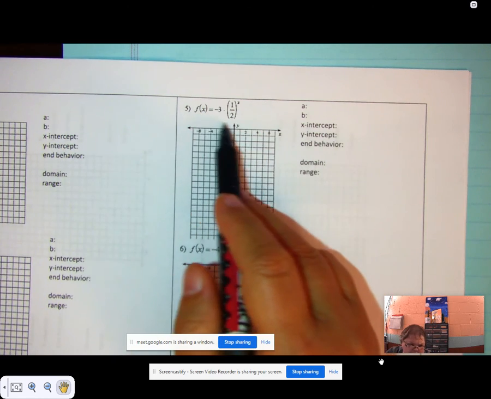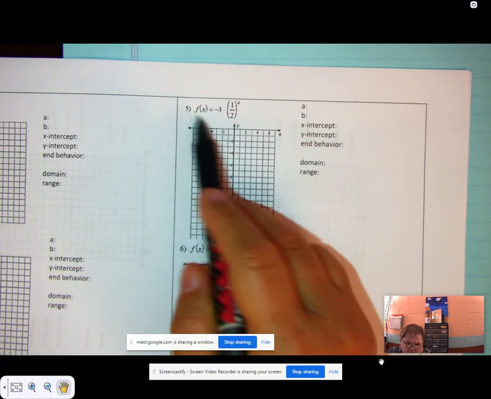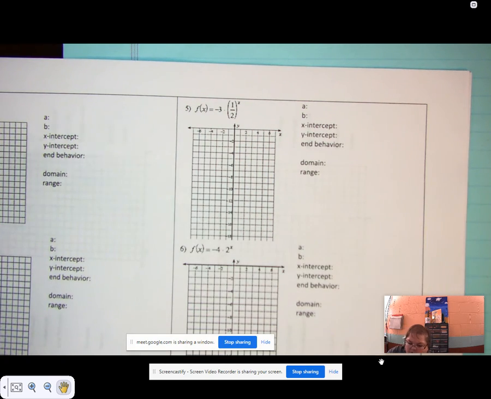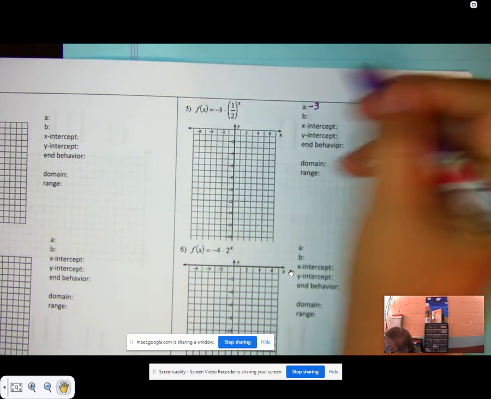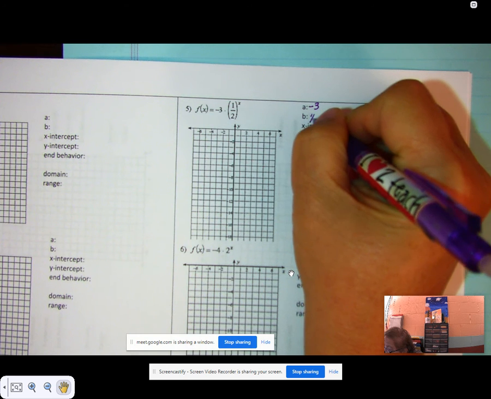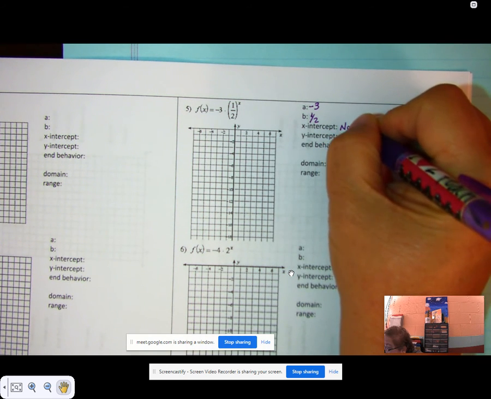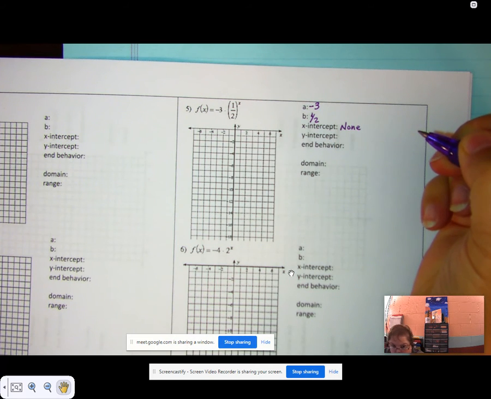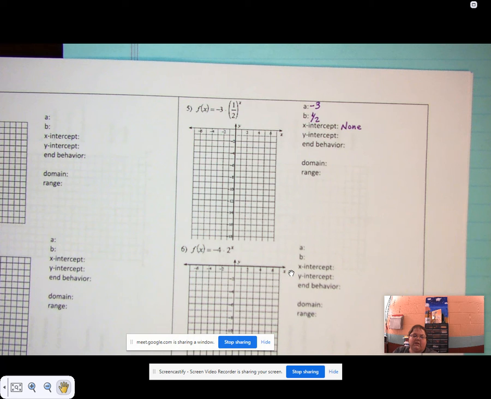And I'm going to gather the characteristics that I can just from the function. So let's do that. So my a value always in front, negative 3. My b value is 1/2. The x-intercept is none. Why? It's an exponential function. Has arrows on both ends.